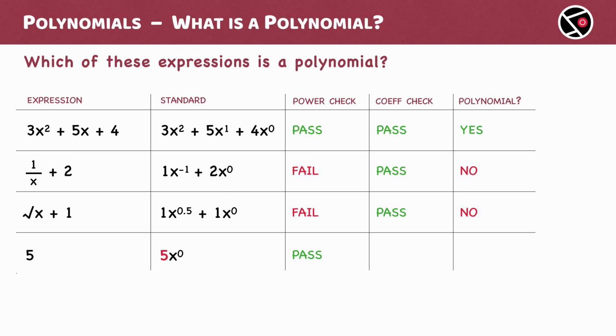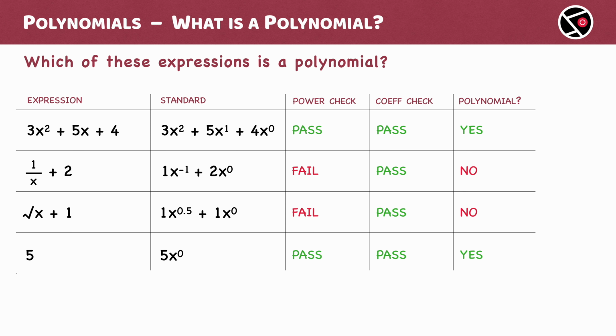So, Rule 2 is also satisfied. This expression is a polynomial. In fact, this is a special type of polynomial called a constant polynomial. The value of this expression is constant. It is always 5.